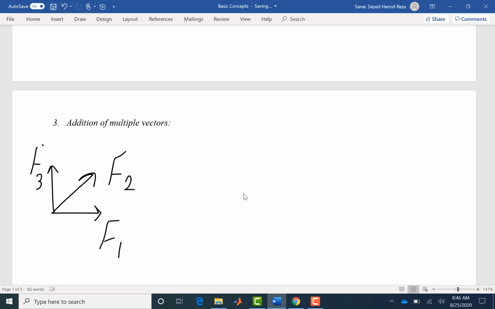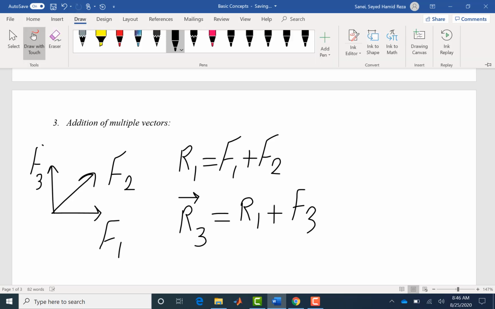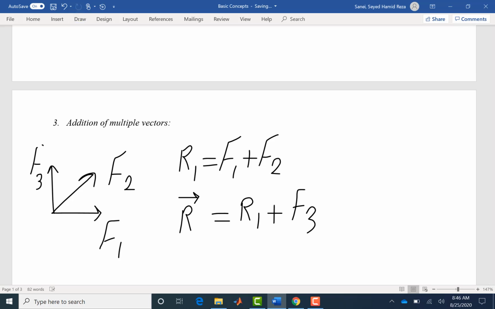Either I can add 2 of them. I can call it R1, resultant 1, F1 and F2, and then add F3 to the resultant. So the total resultant would be R1 plus F3. Let me fix that.